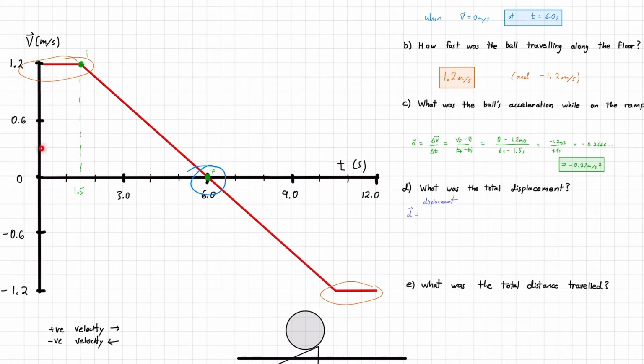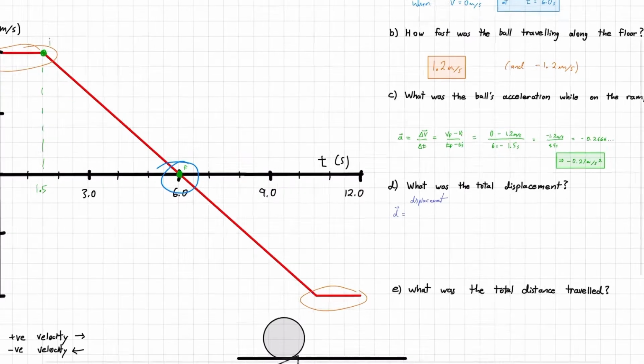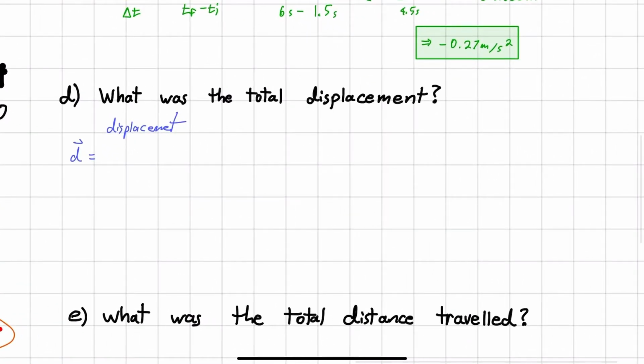So here we're looking at this area that is under the curve, and here we're looking at this area. So the displacement is the area under the curve. This is important to know and to memorize, specifically in a velocity time graph.